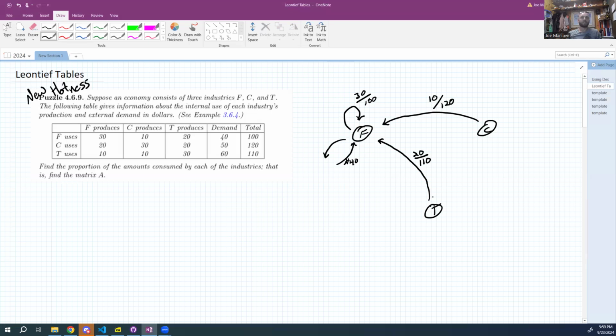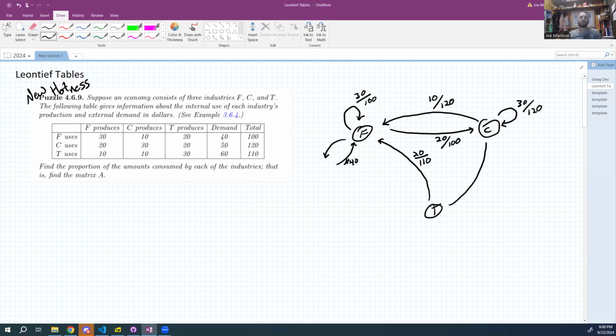So then let's do C. C uses 20 of what F outputs. So that's this arrow from F to C, and that's 20 out of F's 100. Then C uses 30 of its own. So that's a wraparound arrow here, and that's 30 out of C's total, which is 120. Then C also uses, oopsie daisies, that's lots of little stray dots.